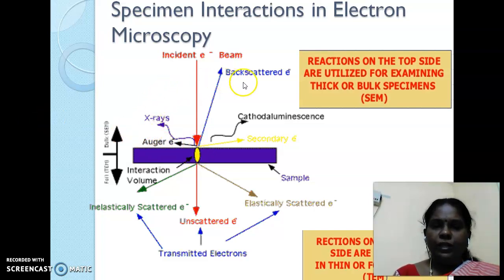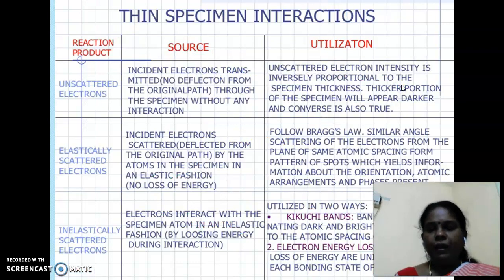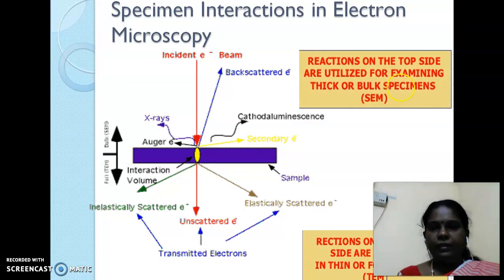So these are the reactions that are taking place at the top of the specimen, which can be utilized for examining thick or bulk specimens. Mostly it is used for the scanning electron microscope.